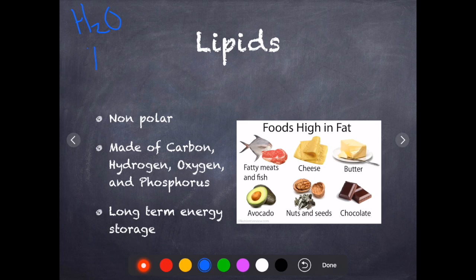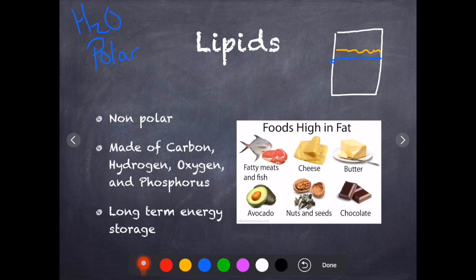Water is a polar molecule, which means it has opposite charges. So lipids are nonpolar. This is why when you've got a glass of water and you put oil into it, the oil floats at the top. It doesn't mix, it doesn't want to associate with each other because of that nonpolar structure.